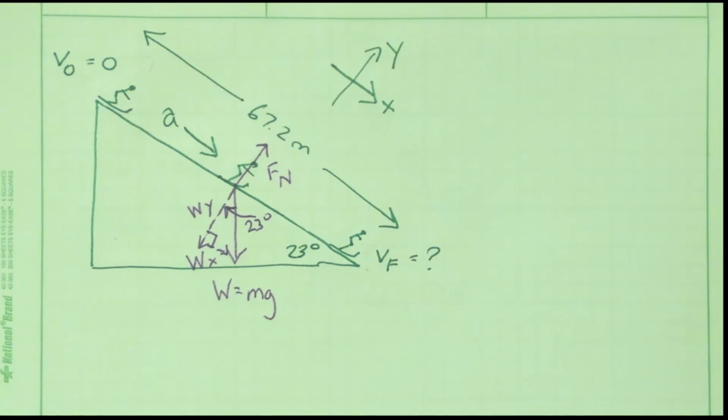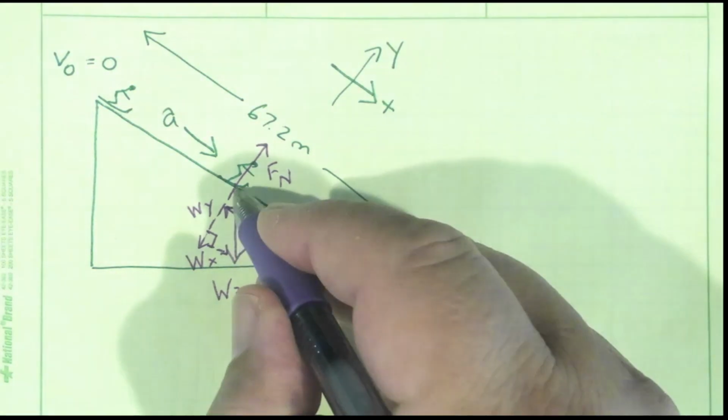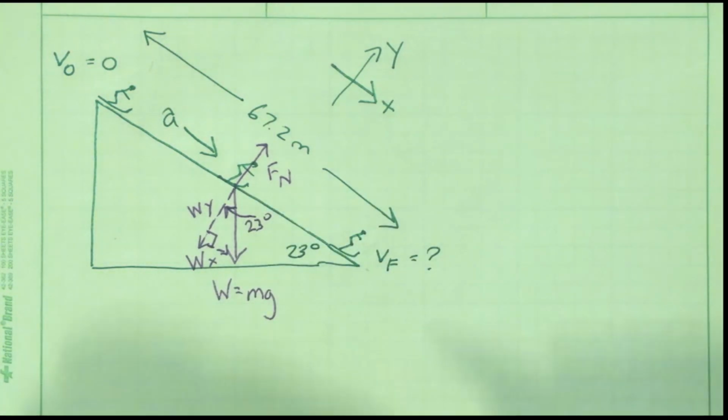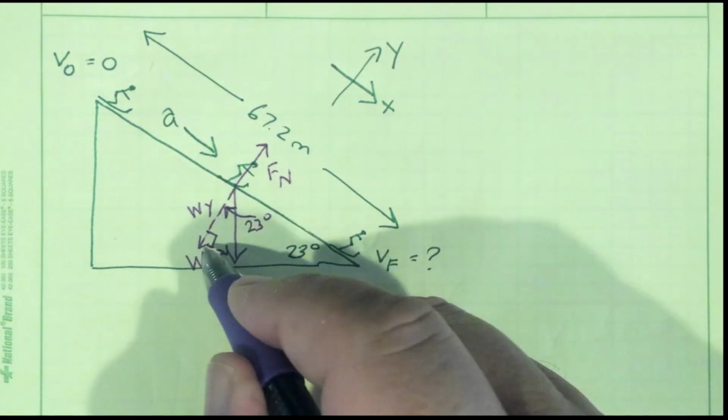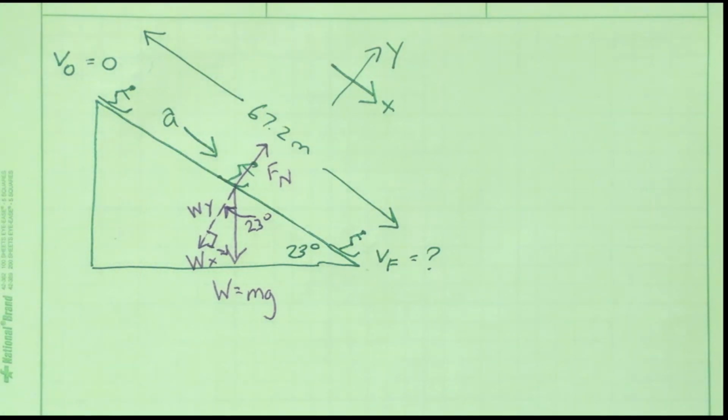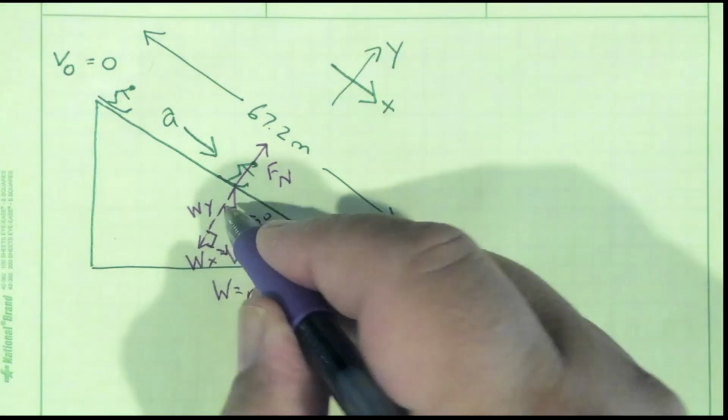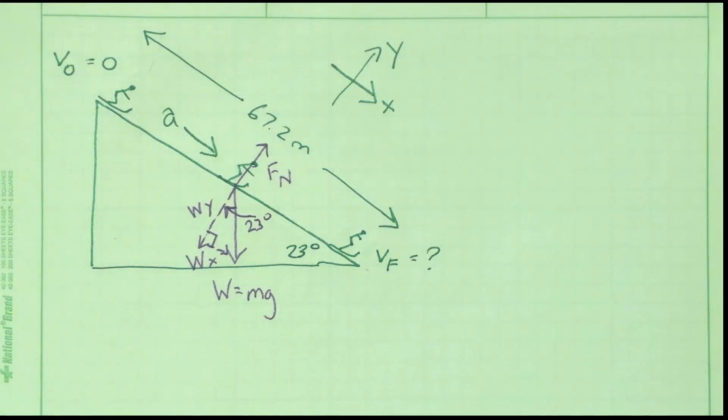So now that we know some of the angles in this triangle, notice it's a right triangle because X and Y make a 90-degree angle, and when we have a right triangle, we can use the trigonometric functions to find these two sides of the triangle.